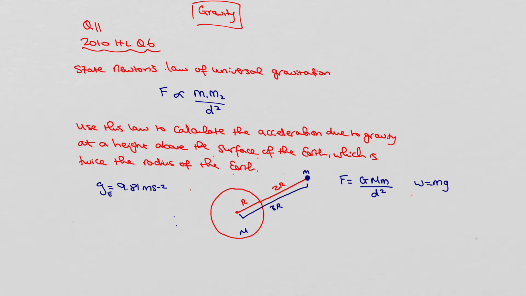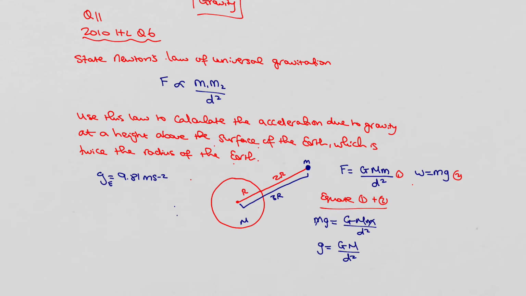So by equating the two of those, then we end up with a way of calculating gravity. So we end up with mg is equal to GMm over d squared, and our small masses cancel. So in other words, the mass of the satellite is irrelevant.